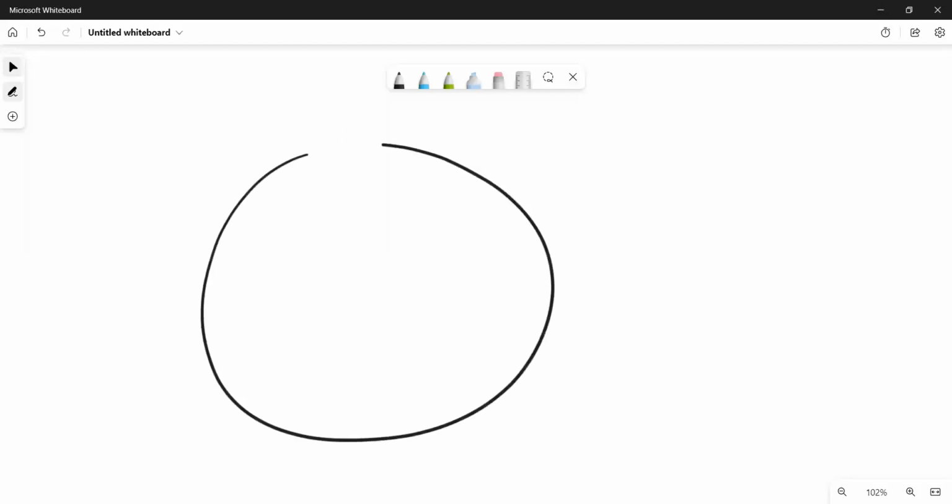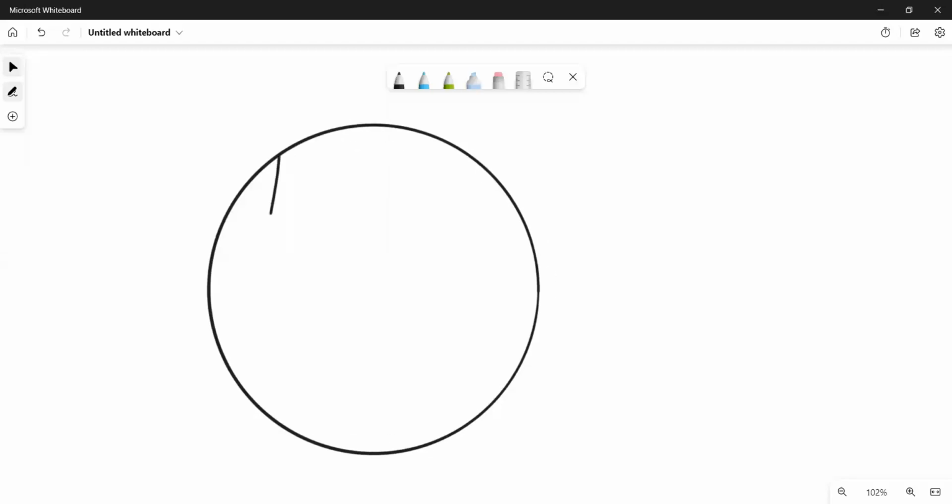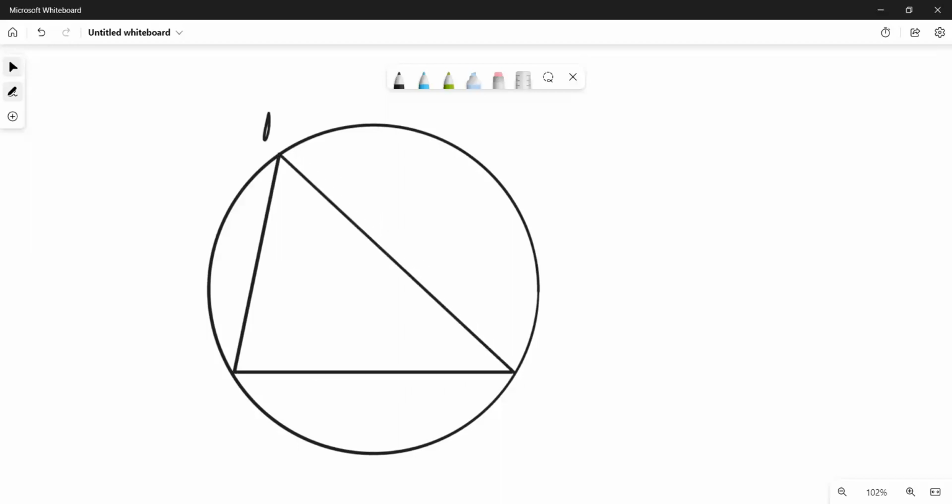So again, we have a circumcircle, and we have a triangle inside. The circumcircle is gamma. The circle omega is tangent to the sides AC and BC, and is internally tangent to the circle gamma at point P. So it's what we call a mixtilinear circle.